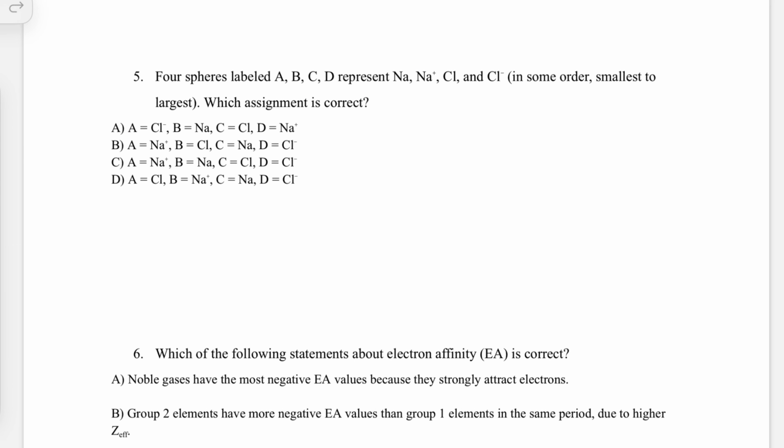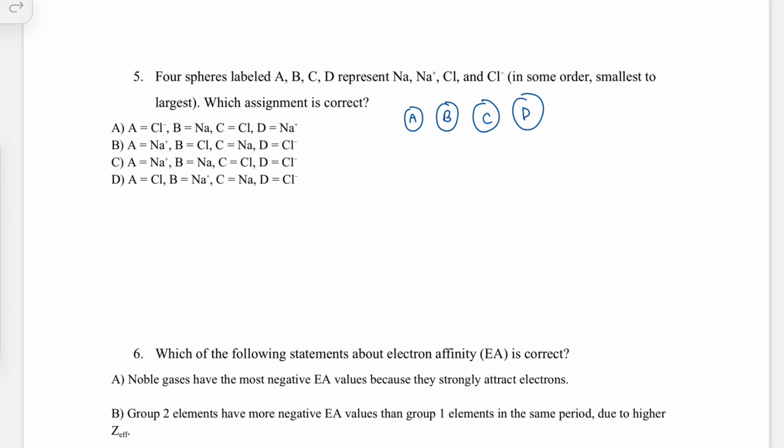Question 5, 4 spheres labeled A, B, C, D represent Na, Na plus, Cl, and Cl minus in some order smallest to largest. Which assignment is correct? So what this question is telling us is we have these spheres that get bigger, and we need to assign each of these spheres to the 4 species.